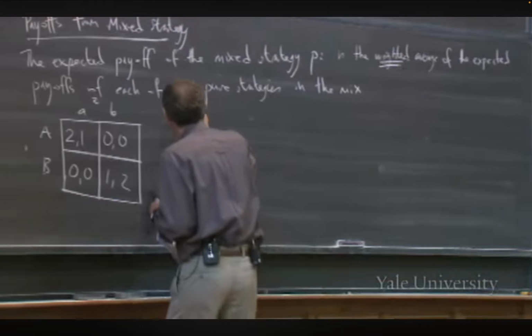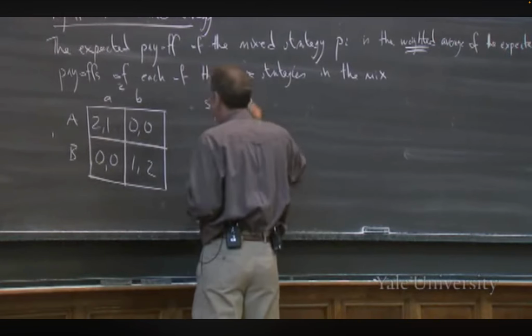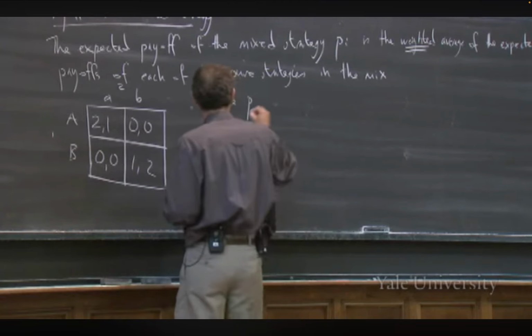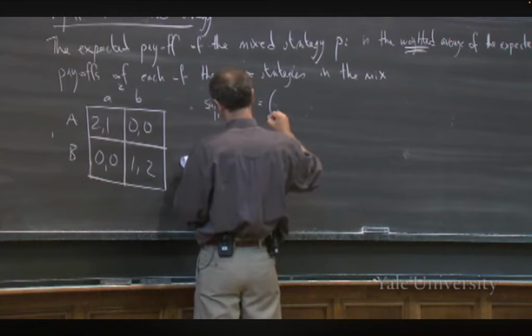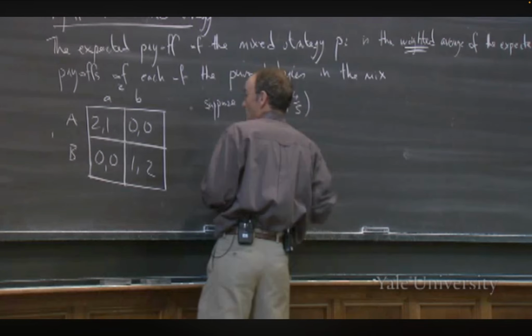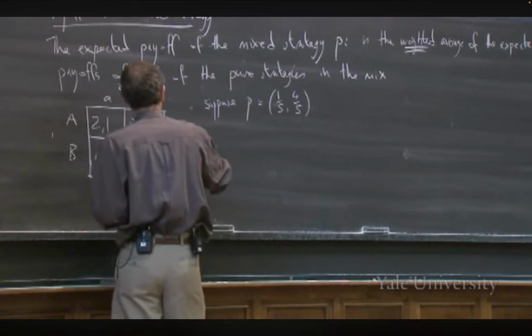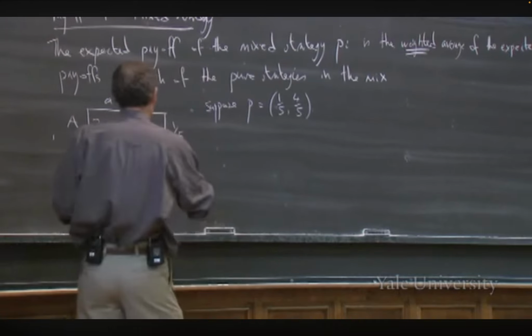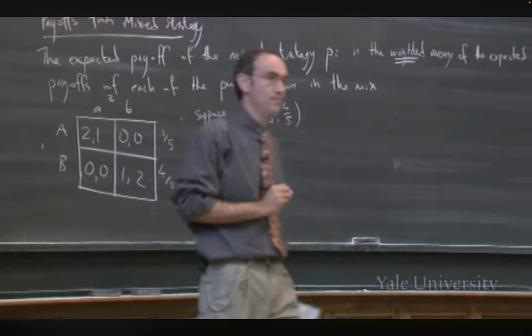So suppose that P is what's being played by player 1, and P is, let's say, 1/5, 4/5. So what do I mean by that? I mean that player 1 is assigning a fifth to playing A and 4/5 to playing B.